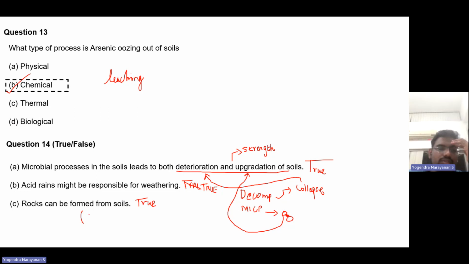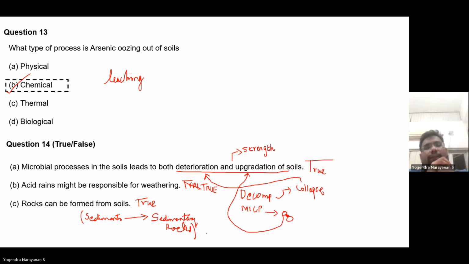Example, as we saw before, is sediments to sedimentary rocks. So with this, the practice questions come to an end.